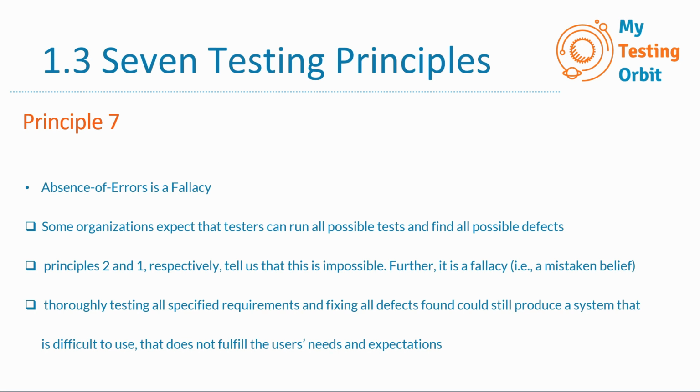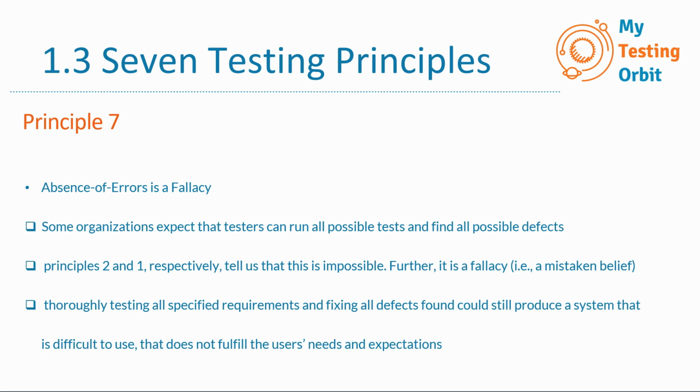This is why we cannot claim that there is no defect in the software. Thoroughly testing all specified requirements and fixing all defects found could still produce a system that is difficult to use, that does not fulfill the user's needs and expectations. Let's say we have thoroughly tested something and we couldn't find any defect, but it still doesn't mean that it fulfills users' needs and expectations, because what if the software was developed correctly, but based on incorrect requirements?